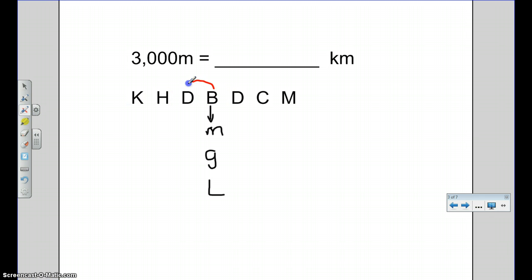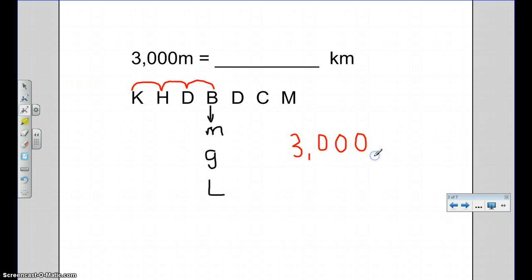I'm going to move to the left, and I'm going to make 1, 2, 3 jumps to the left. So that tells me that I need to move my decimal place 3 places. Do you see a decimal in this number? I don't, but do you know where I could put one in order to not change its value but have one to move?